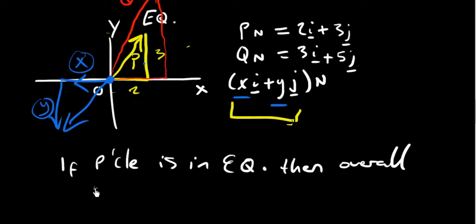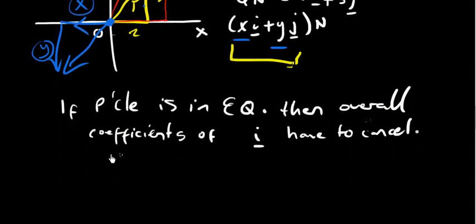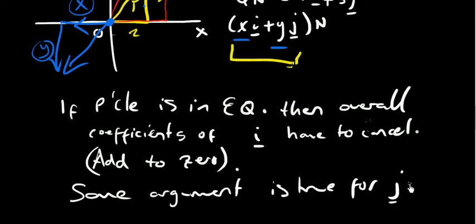So the coefficients of i have to cancel, and therefore they add up to 0. The same argument is true for j coefficients.